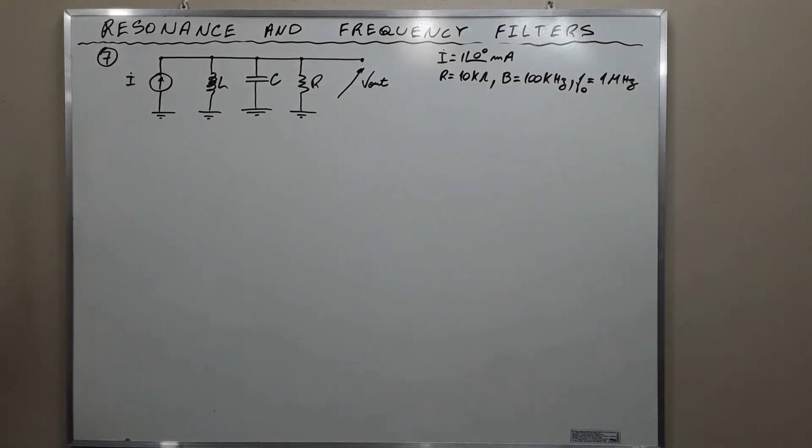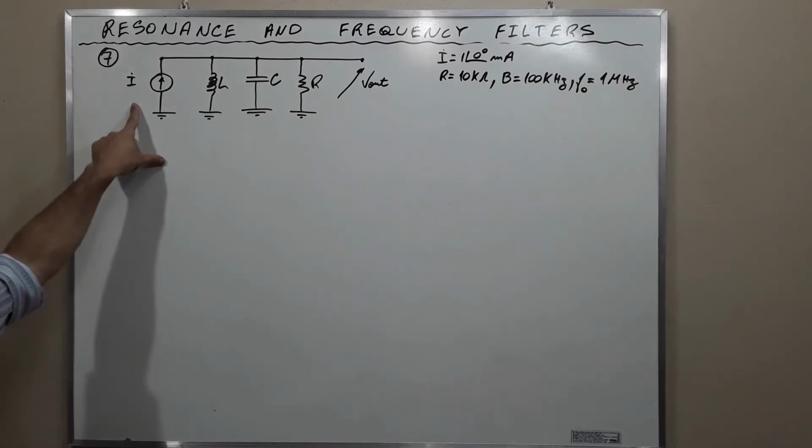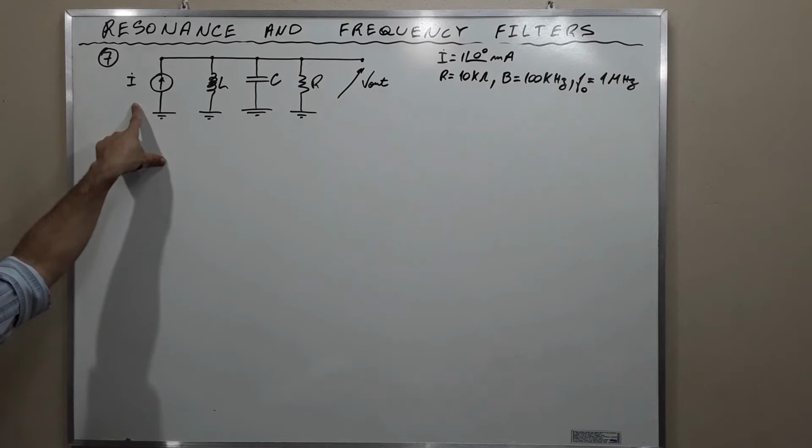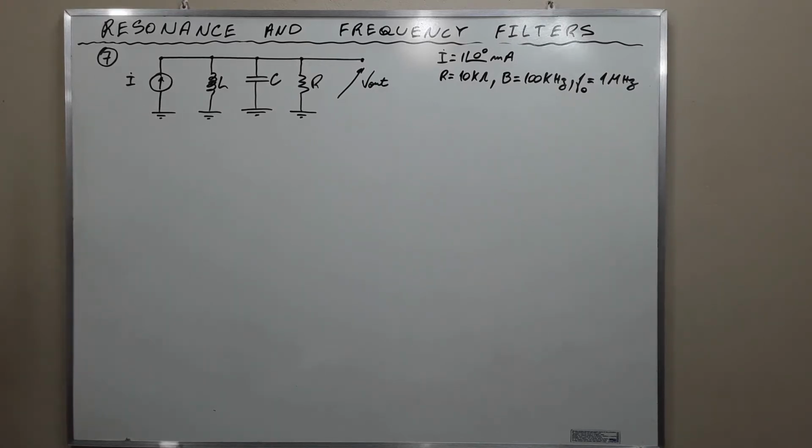And if the current of the source is 1 phase 0 degrees milliamps, draw the phasor diagram showing the currents through each of the elements at resonance. Okay, my friends, this is the question. Let's go to the solution.